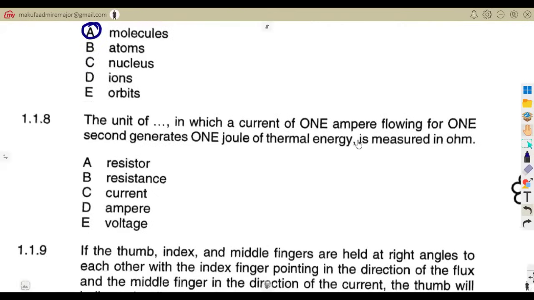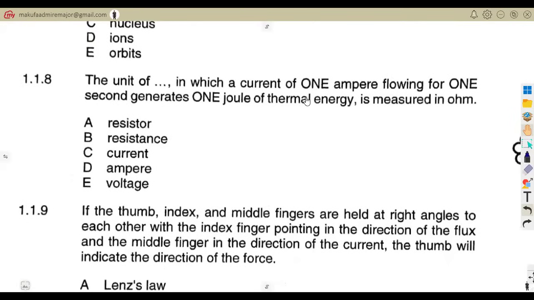The unit in which a current of 1 ampere flowing for 1 second generates 1 joule of thermal energy is measured in ohm. Which one? The unit of what? Can you say the unit of a resistor? No. We say the unit of resistance.